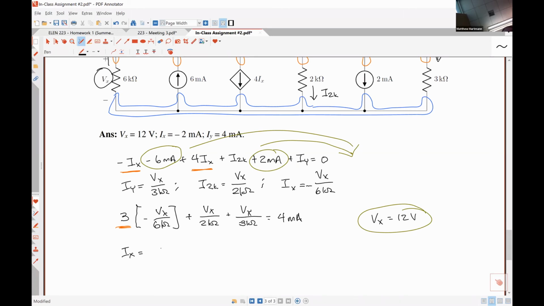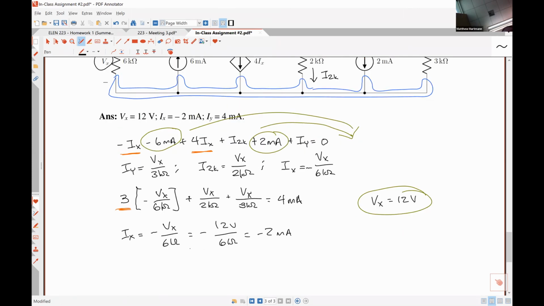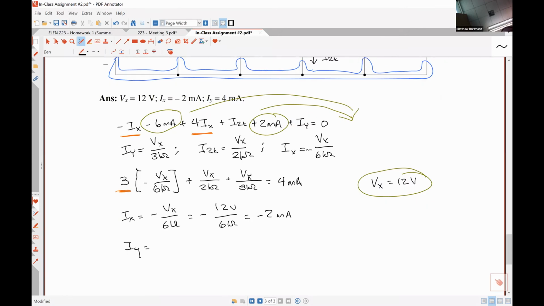Ix was negative Vx over 6 kiloohms, which would be negative 12 volts over 6 kiloohms, which is minus 2 milliamps. And similarly, Iy was Vx over 3 kiloohms, 12 volts over 3 kiloohms, which is 4 milliamps. There we go.